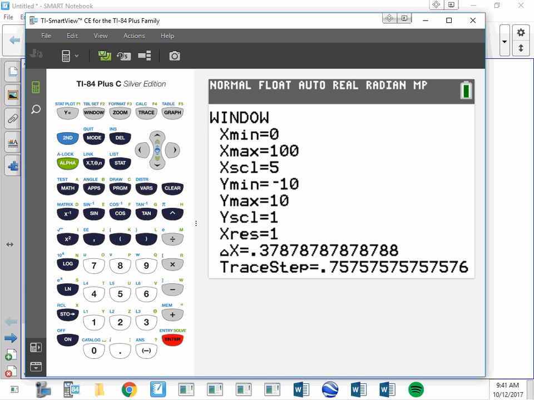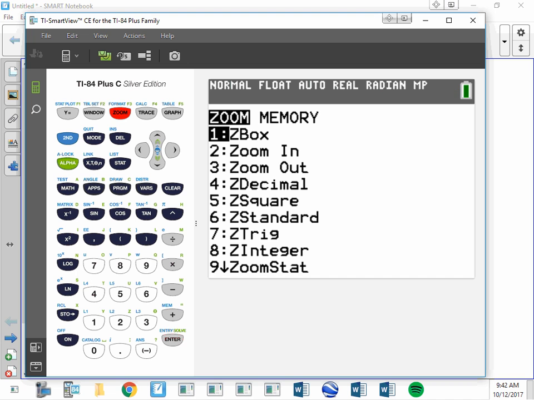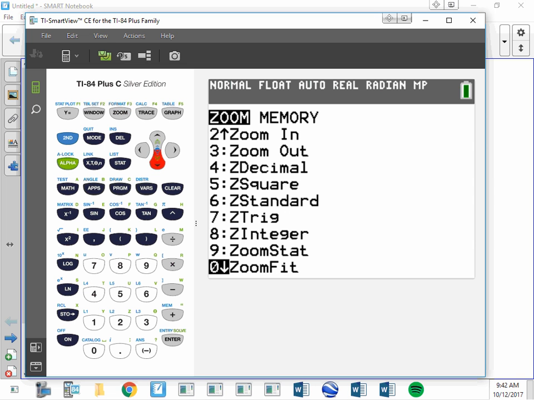If you have chosen your X window, you can ask the calculator to create the Y window that captures as much of the graph as possible. To do that, you push zoom, and then I think it's 0 for zoom fit. Zoom fit will take your X window and create its own Y window.